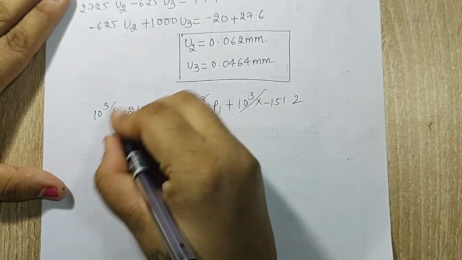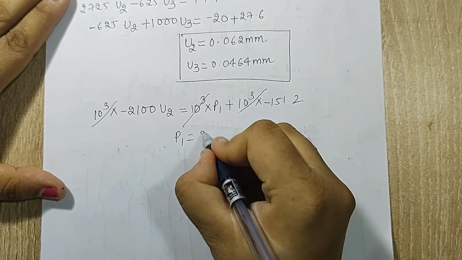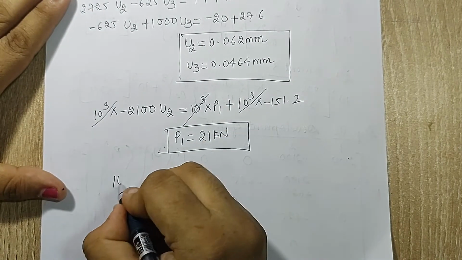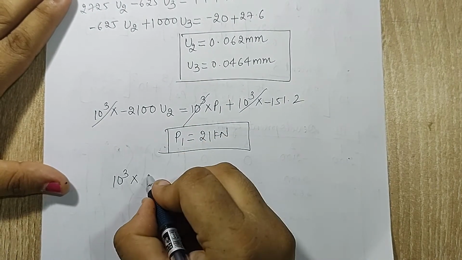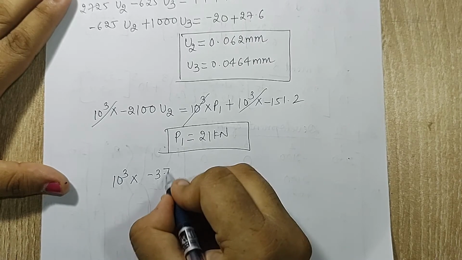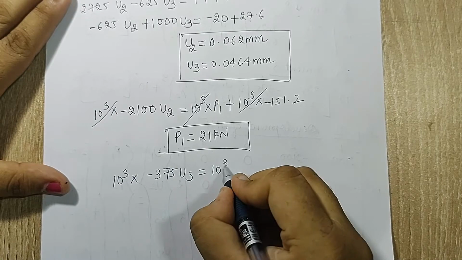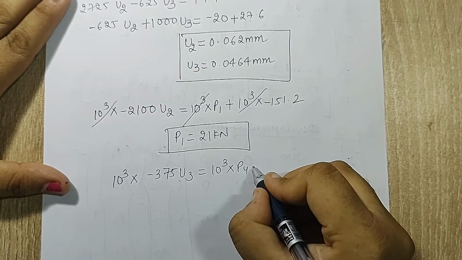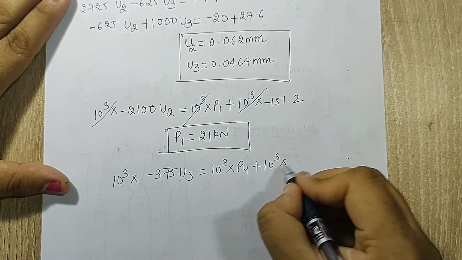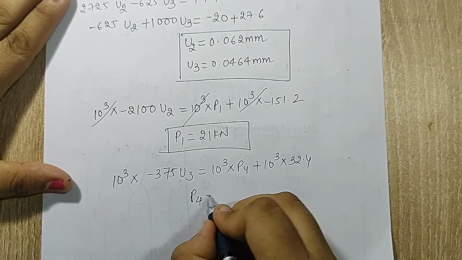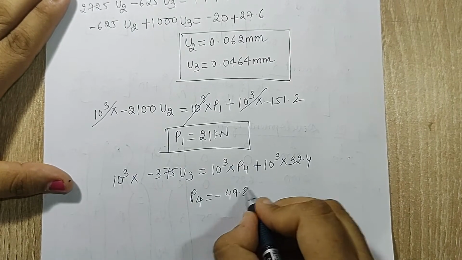This gets cancelled, I get the value of P1 as 21 kilonewton. Then I have 10 raised to 3 into minus 375 U3 is equal to 10 raised to 3 into P4 plus 10 raised to 3 into 32.4. When I solve this, I get the value of P4 as minus 49.8 kilonewton.